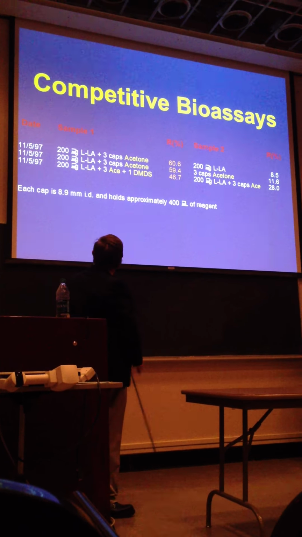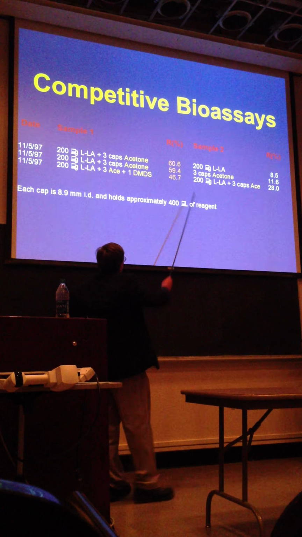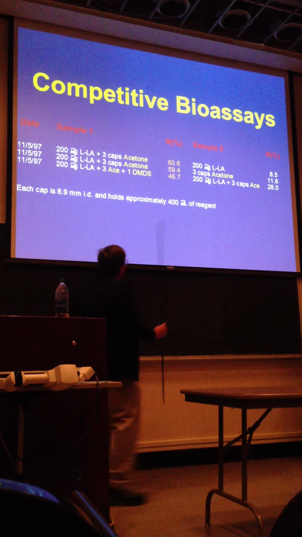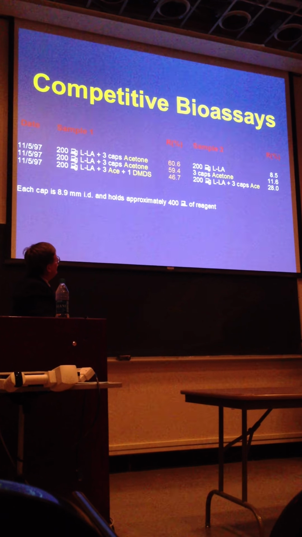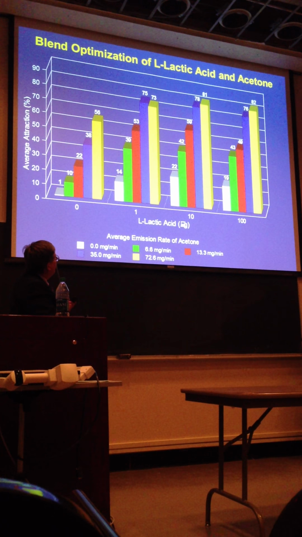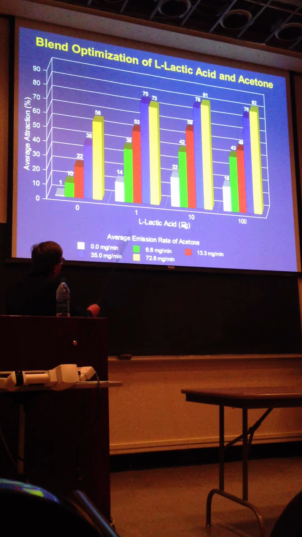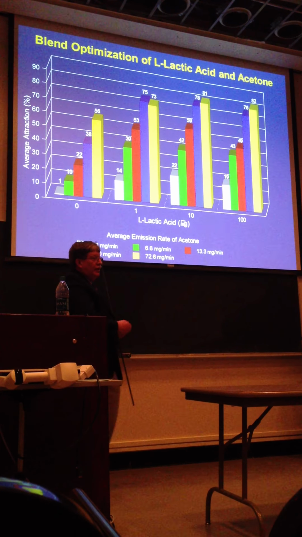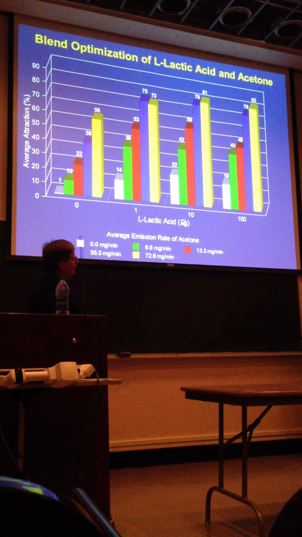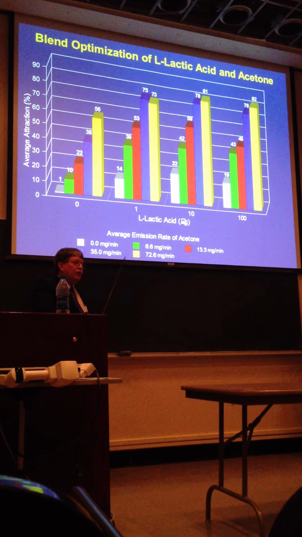So if you do acetone against acetone, it got a little better response than the other one. So our goal there was, again, a good optimization of this binary blend. And then once we got this, we added dimethyl disulfide as a tertiary blend. And when we did that, we were able to beat out the human hand.